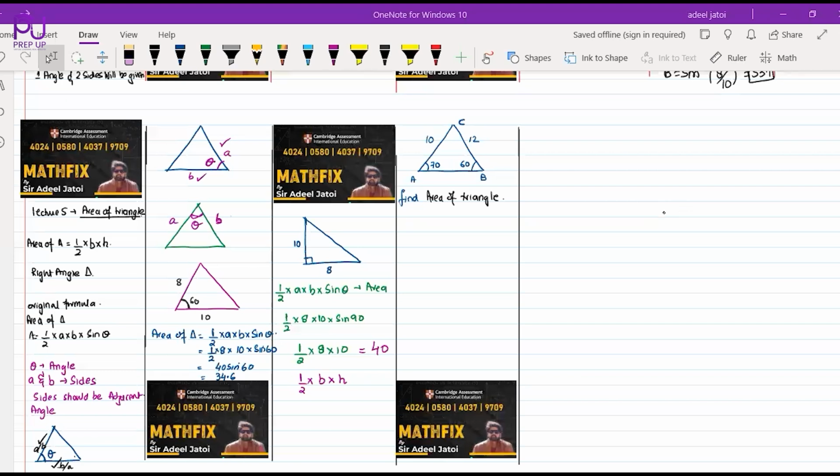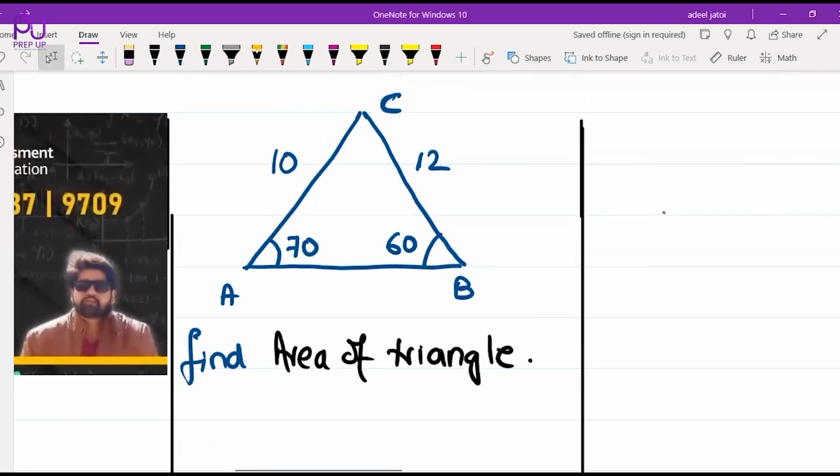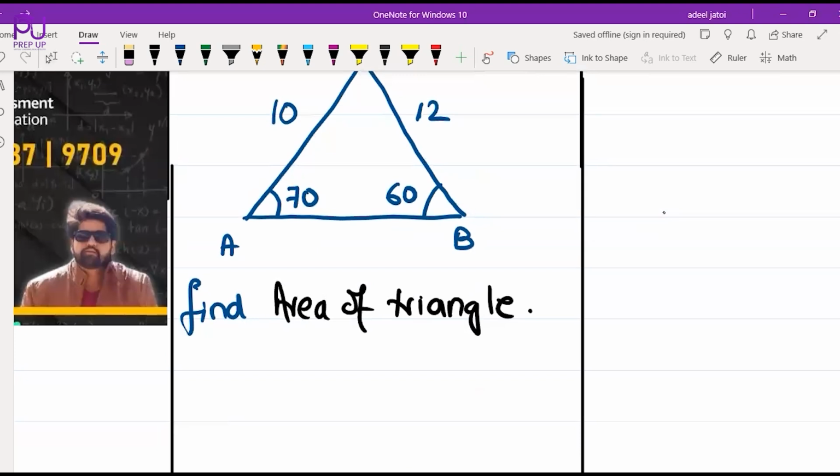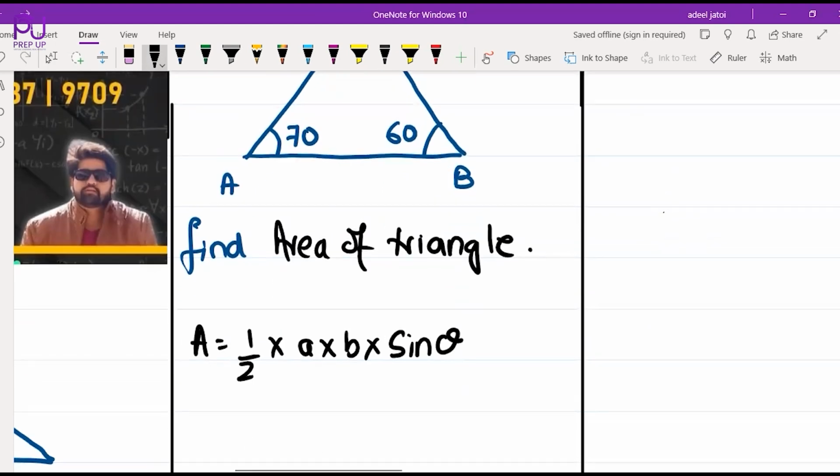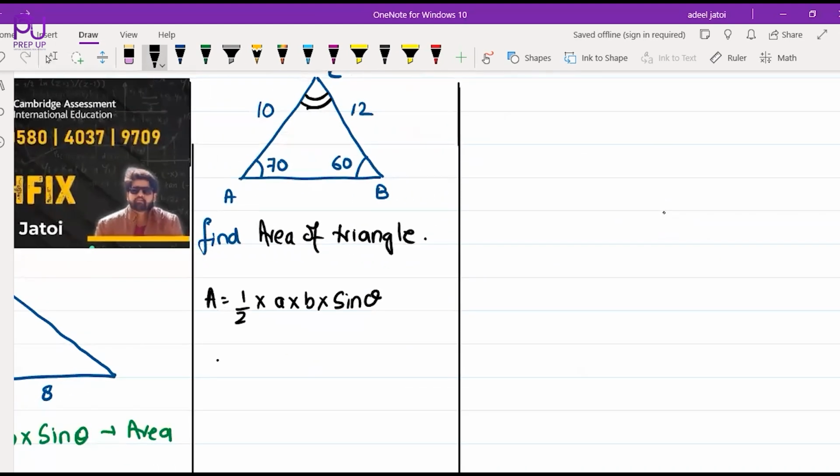Okay. Find the area of the triangle. It says that we have A, B, and C. To find the area of the triangle, we have the formula half into A into B into sine theta. You have been given two sides, 10 and 12, and we can find this angle because the other two angles are given. So half into 10 into 12, but theta is missing.